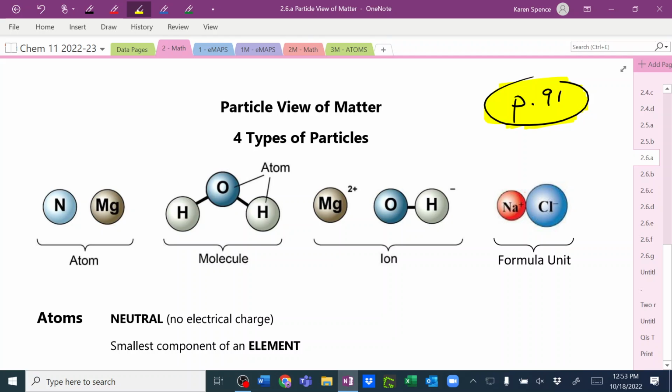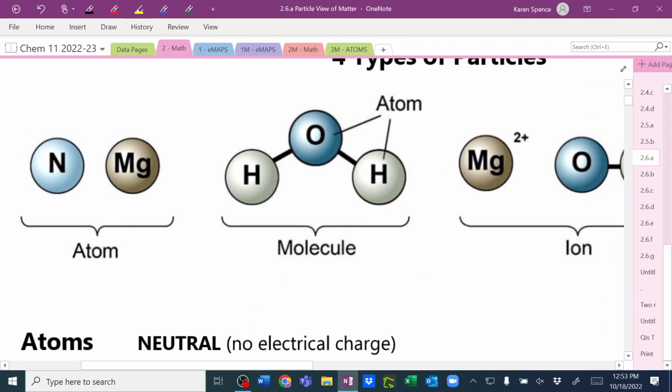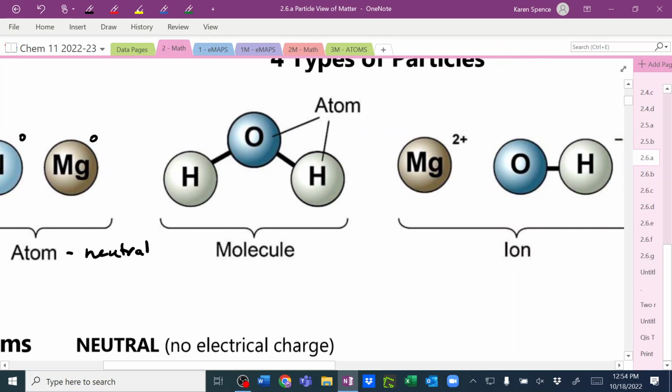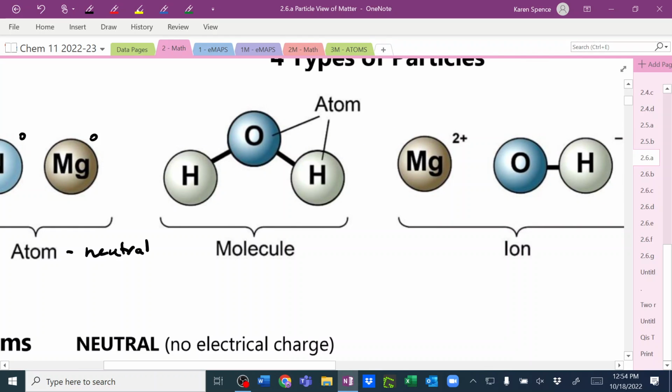What is the charge of an atom? 0. Atoms are neutral. Now, how about that molecule? What is the charge of our molecule? Neutral.